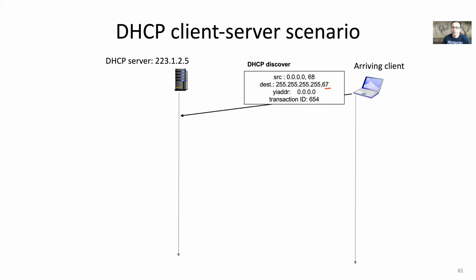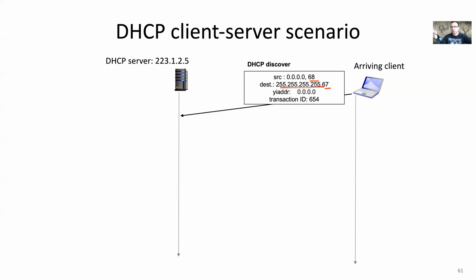One thing you'll notice is DHCP always uses ports 67 and 68. The sending client always uses 68, and the server always uses 67. So those are well-defined port numbers. Since this is a broadcast message, and since this arriving client doesn't even know which subnet it belongs to, it uses the universal broadcast address, which is effectively all ones.